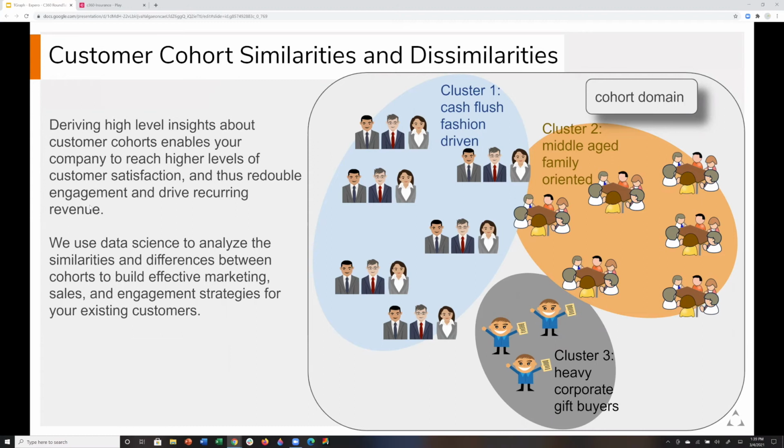This is how, at a cartoon level, we segment customers based on their characteristics. And the beauty is that when you do this with TigerGraph in the background, what you get is not only clusters of customers, customer cohorts, that are represented by their characteristics, things like demographic information, locality, and then their individual transactions.